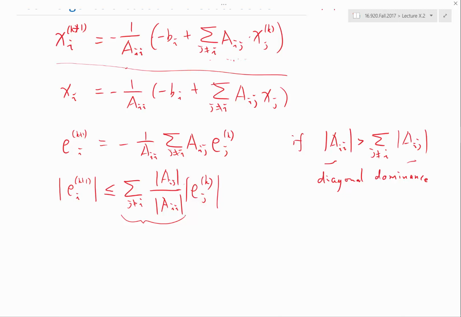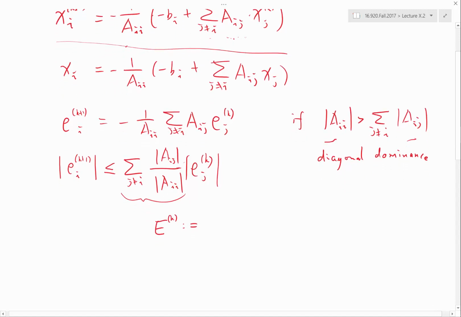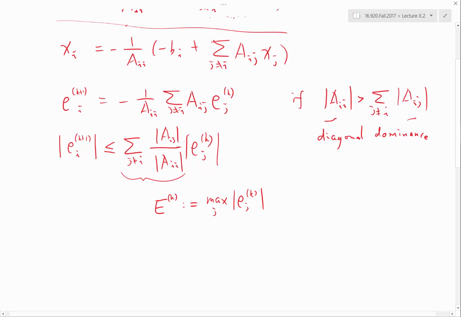For example, e_j^k has a maximum value, so let's define e^k to be the max over j of the absolute value of e_j^k. Then of course I can replace each e_j^k with the index with the maximum among all the k's. So that gives me e^k, right?